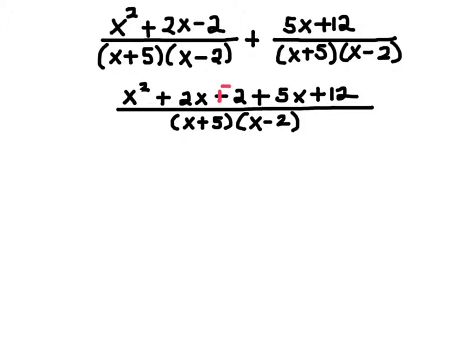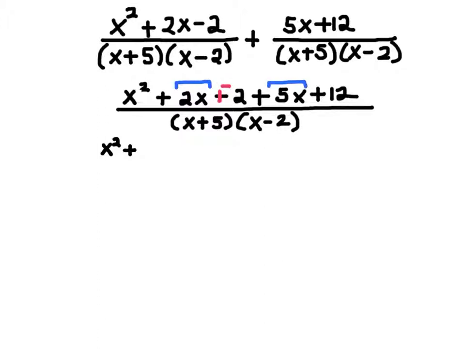Now let's combine like terms in the numerator, and when we do, we notice that we have one x squared term, let's write this up here, plus, and let's see, we have two linear terms, 2 times x and 5 times x.